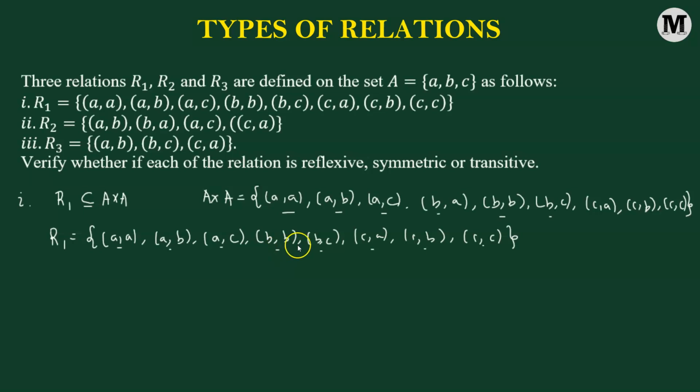All of these 8 elements are present in the Cartesian product of A and A. So that means we can say that R1 is definitely a subset of the Cartesian product of A and A. So R1 is definitely a relation on A.